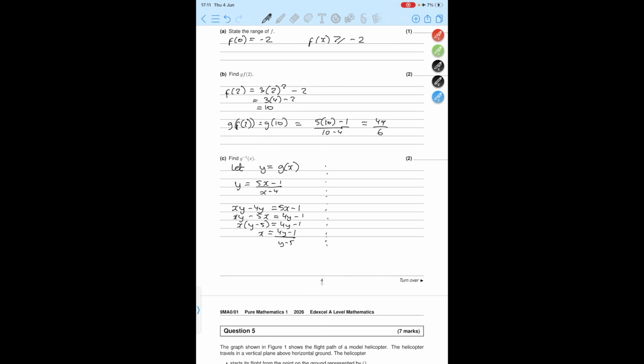The next thing with inverse functions is that it's pretty much the same step every time. In your final answer, you can essentially swap x and y. So for the inverse function, we can define x as g inverse of x, and now we swap our y's for x's.